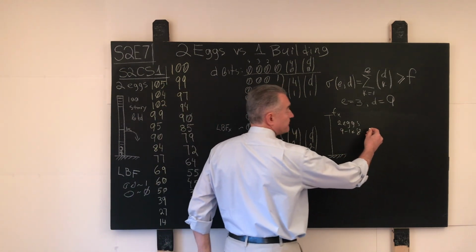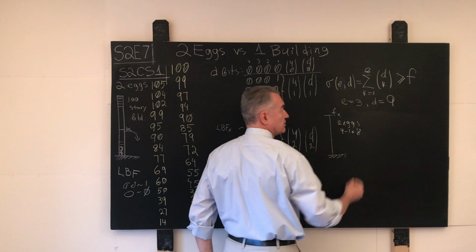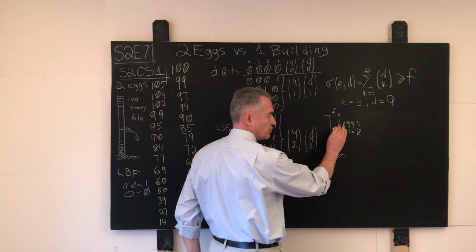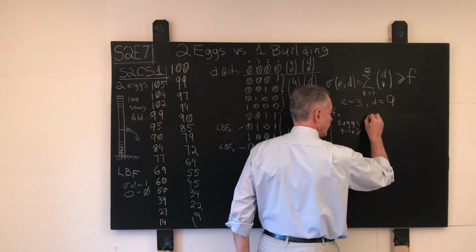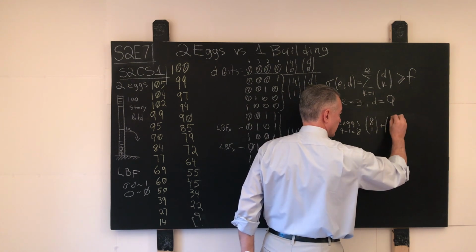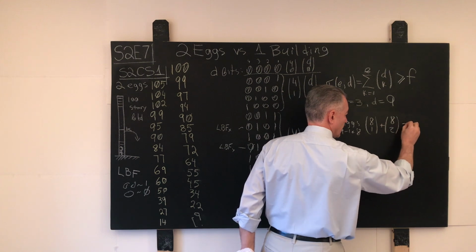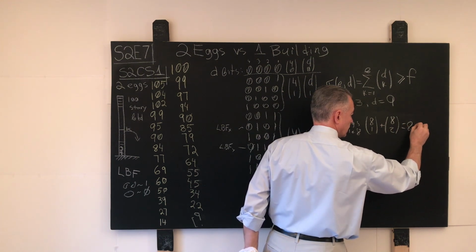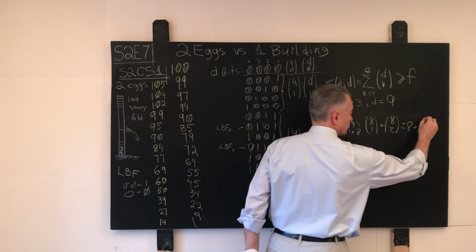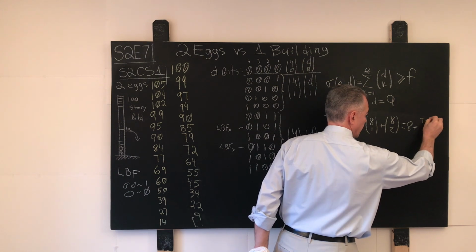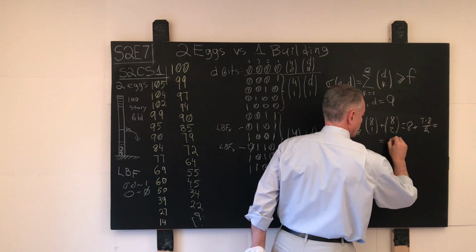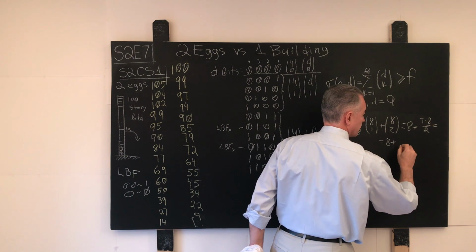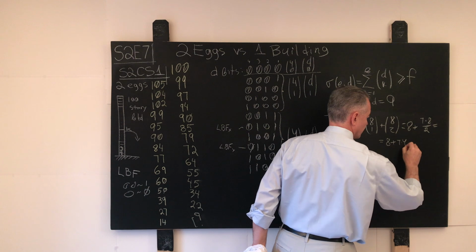For the height of the tallest building that we can test with 2 eggs and 8 drops, we have what? 8 choose 1 plus 8 choose 2. This must be what? 8 plus 7 times 8 over 2. That will be what? 8 plus 7 times 4.